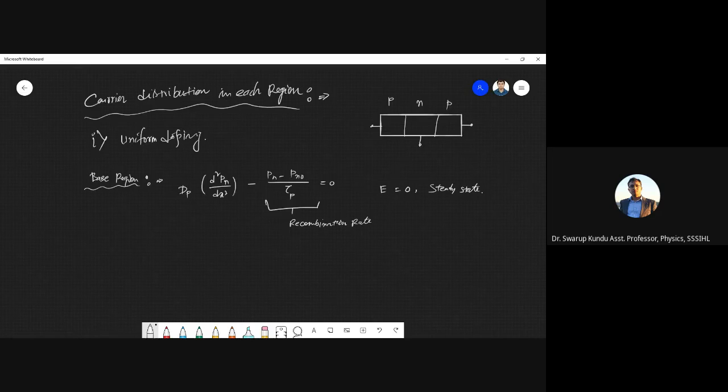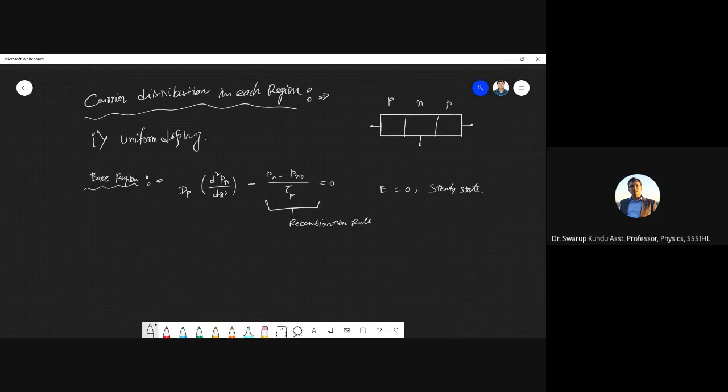Now, earlier we solved this continuity equation. Some of you have already solved it, so I'll just remind you of the solution.